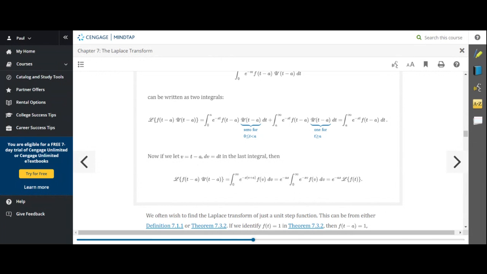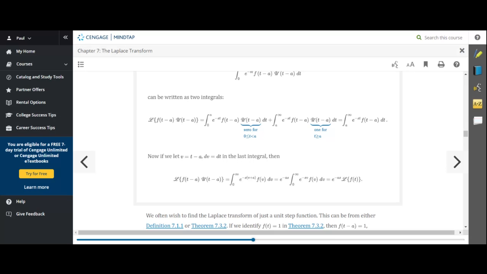So you'll have the integral from 0 to infinity of e to the power negative s times v plus a, because t is now v plus a, and then f of v dv. Factor out the e to the negative as, which factors out of an integral with respect to v, and you get e to the negative as times the Laplace transform of f, which is e to the negative as times big F of s.